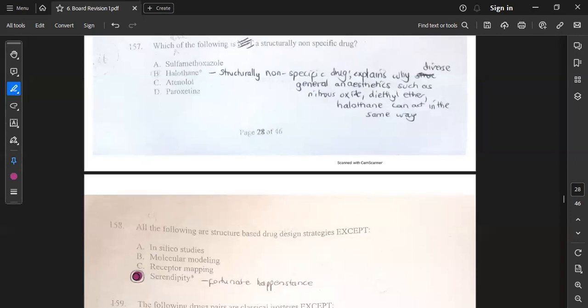Okay, so computer-aided drug design is basically whereby we try to conduct drug discovery using computational methods. We usually have two types of in silico drug design: ligand-based drug design and target-based drug design. In ligand-based drug design, we identify a molecule, for example aspirin.